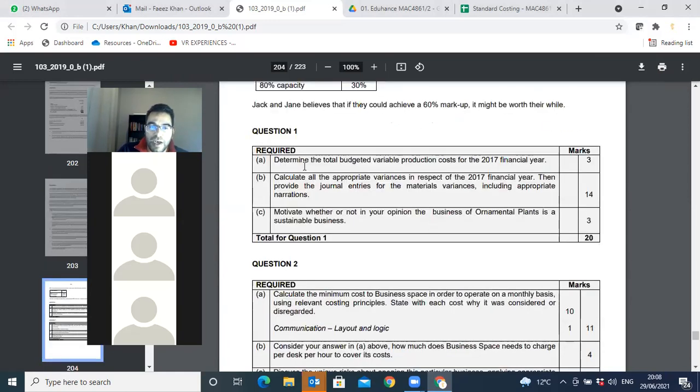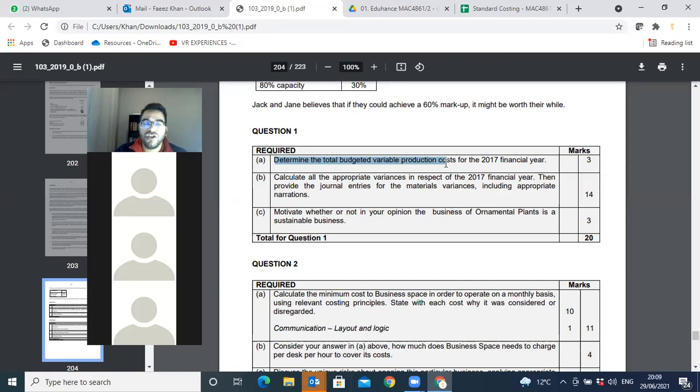Then here's the required. They require A, determine the total budgeted variable production costs. Remember, you must be able to distinguish between a prime cost, a conversion cost, and variable production cost.